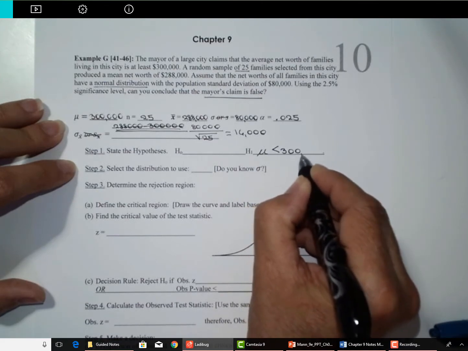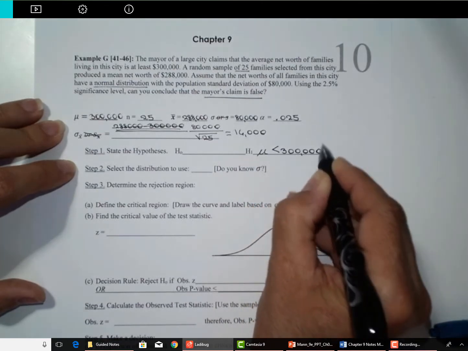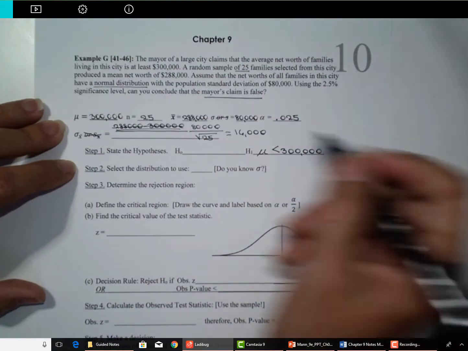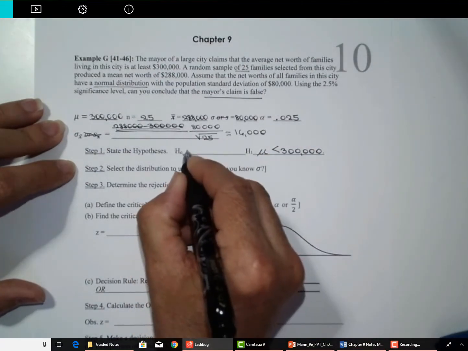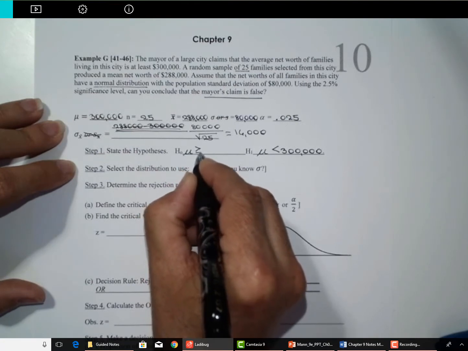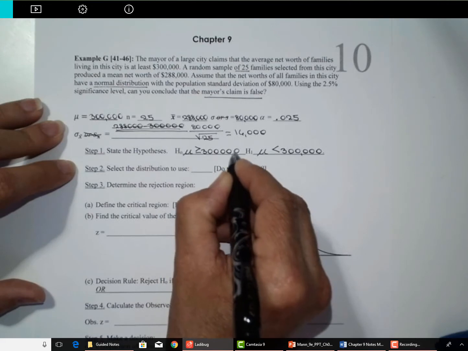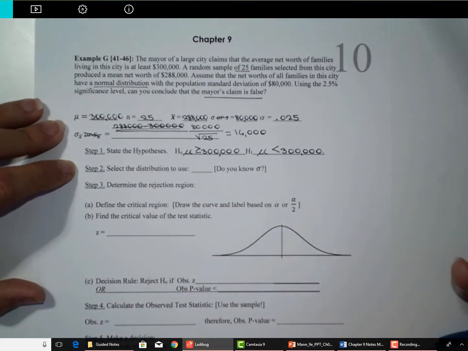We set it based on what we're trying to prove, and we're trying to conclude that the mayor's claim is false. So the null is that his people do have a mean net worth of at least 300,000, equal to or greater than $300,000.